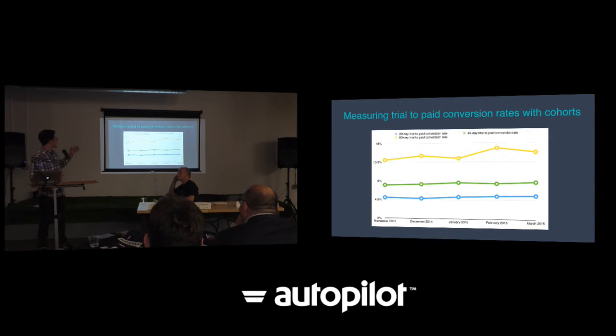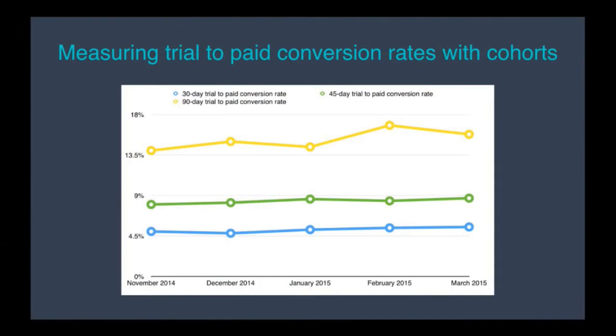So I like to do it like this, and JD probably recognizes exactly how we did it at Zendesk. You measure it in cohorts: 30-day trial to paid conversion rate, 45-day, 90 days, something like that. The calculation is super simple. Say you're going to do your 30-day trial to paid conversion rate for the month of January.